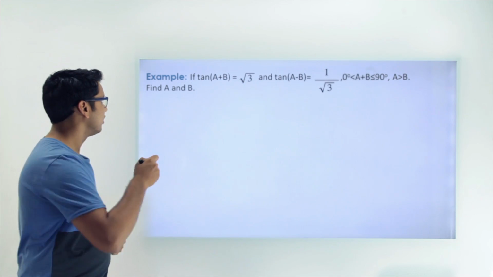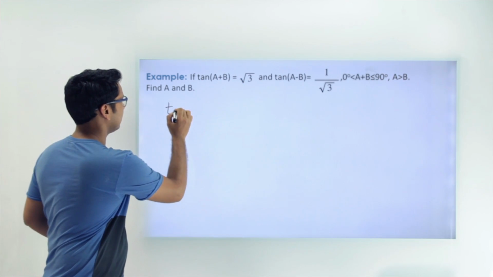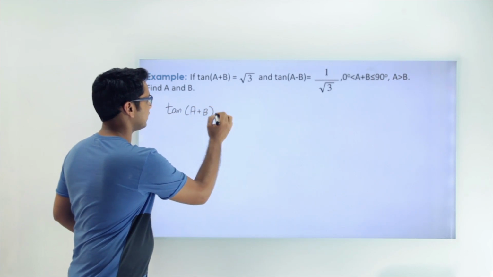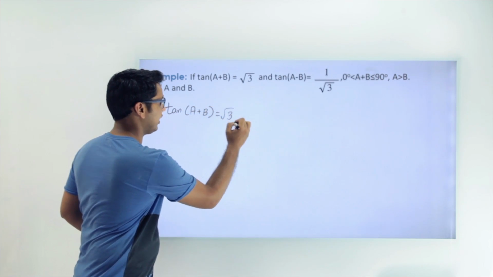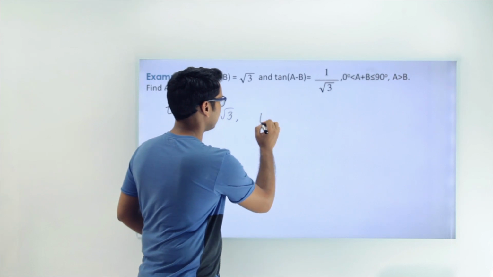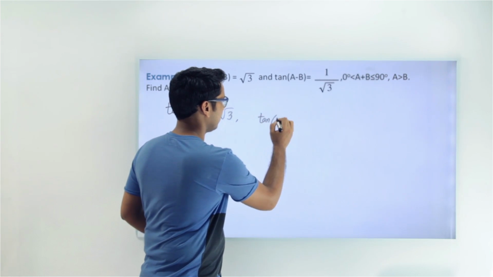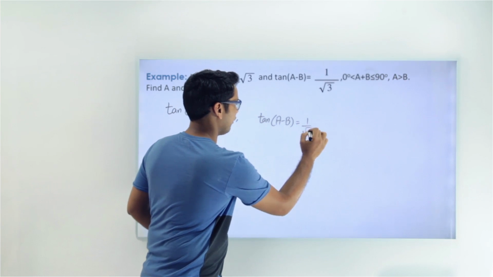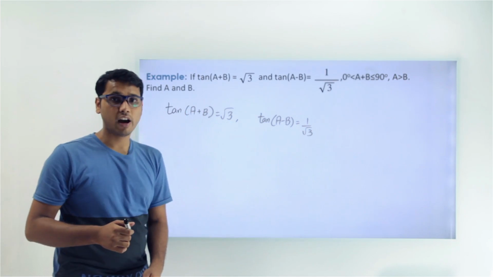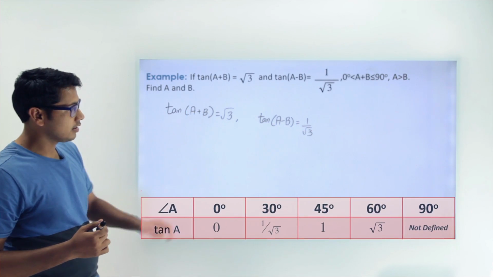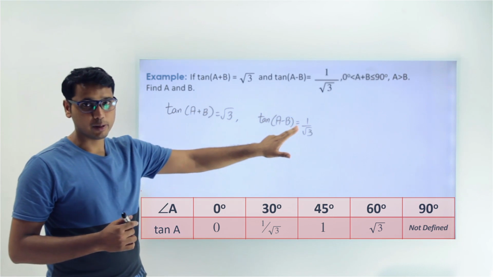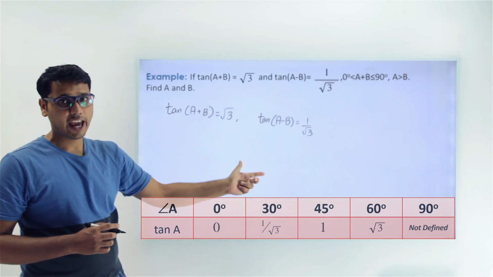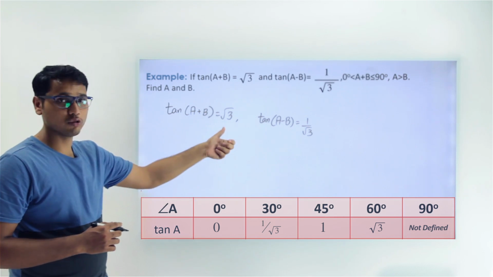So we'll take tan(a + b) equals root 3 and we'll take tan(a - b) equals 1 by root 3. Now you have to think that in that particular table, which value of angle of tan gives the value root 3.